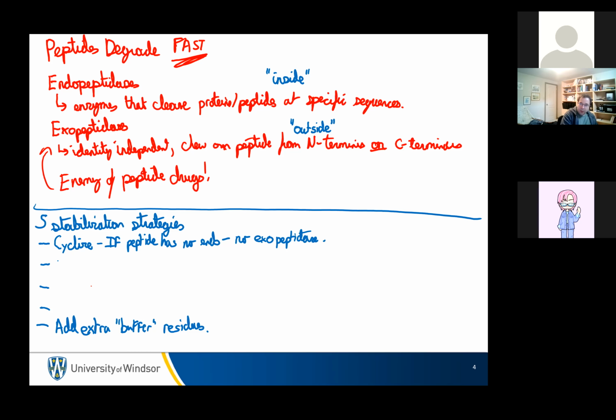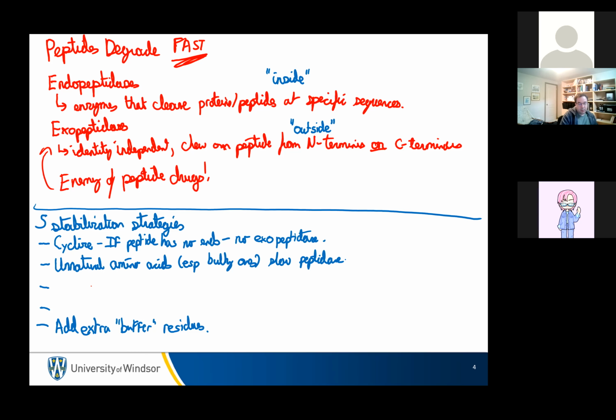So one is we can use unnatural amino acids, especially bulky ones, which slow peptidase activity.